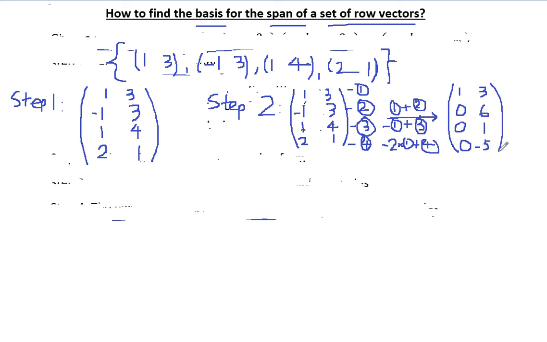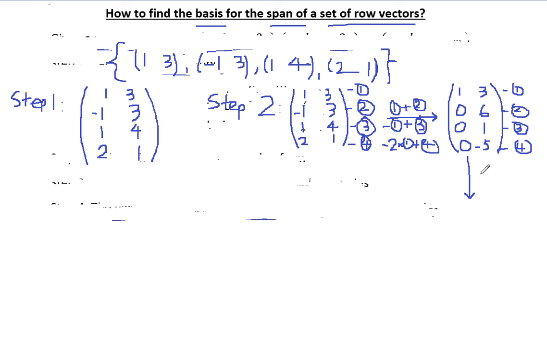Now, this is our new first row, new second row, new third row, and new fourth row. To make it an echelon form, we eliminate the entries below 6, which are 1 and minus 5.